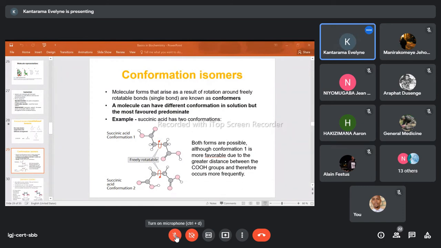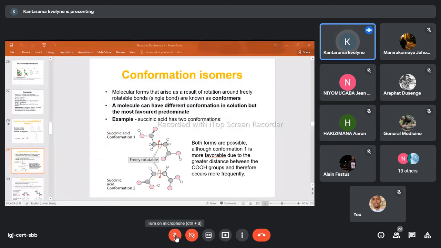This one above is succinic acid conformation 1. And when this bond rotates, this part comes down and we have conformation 2.